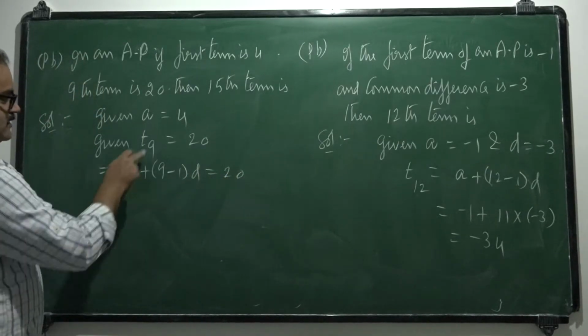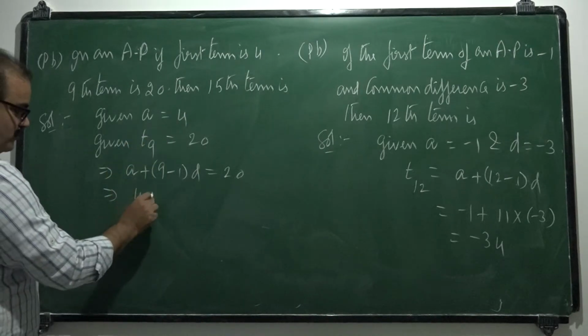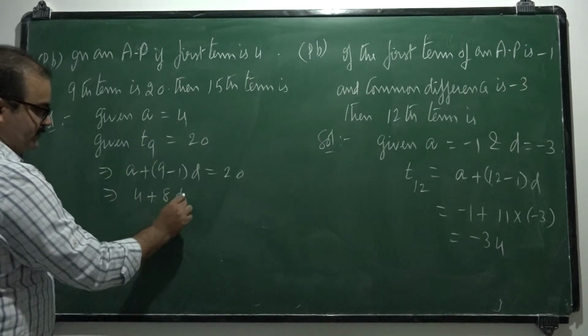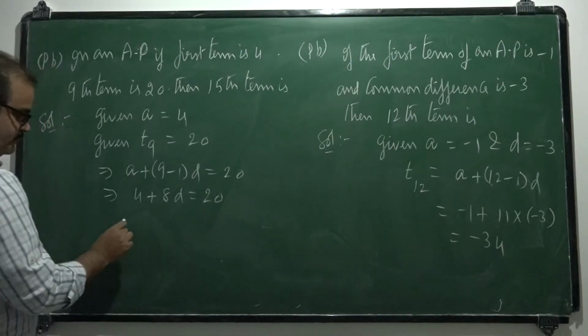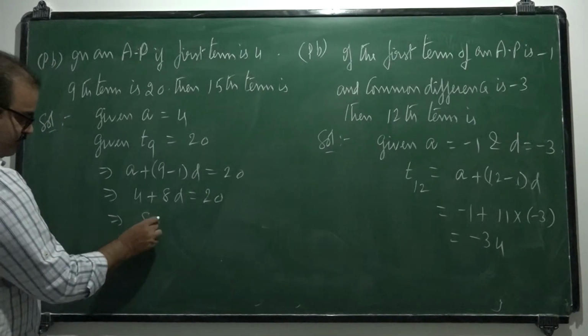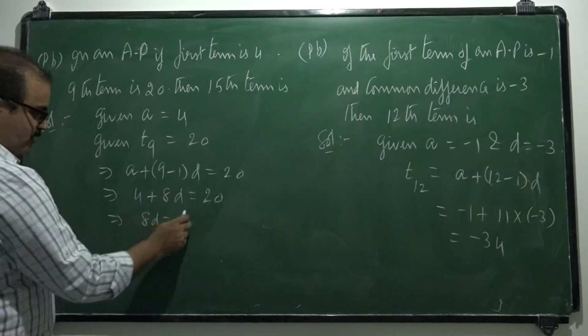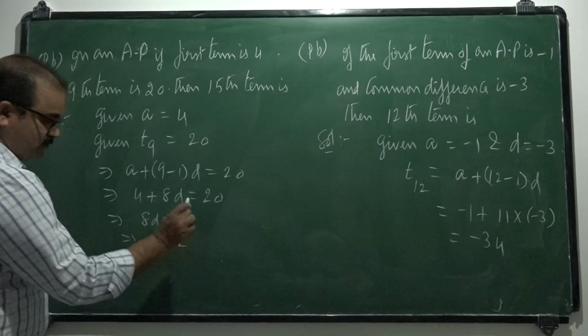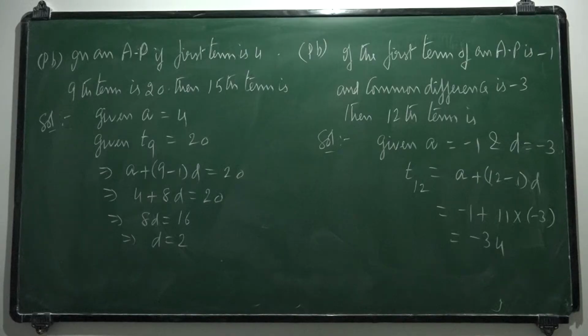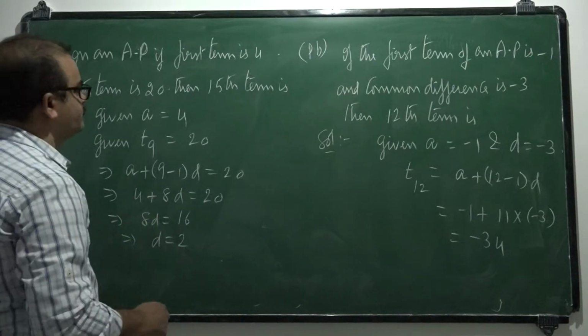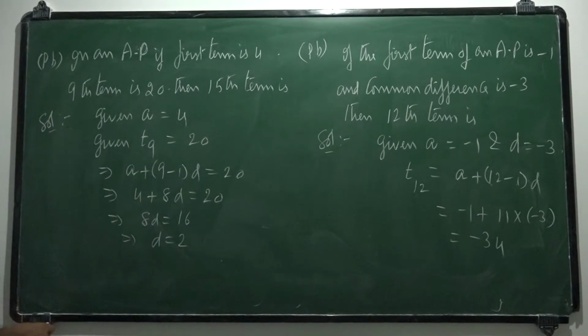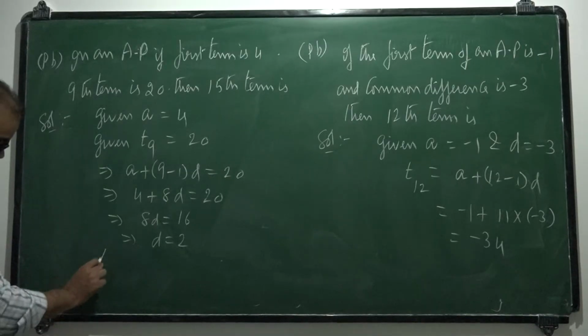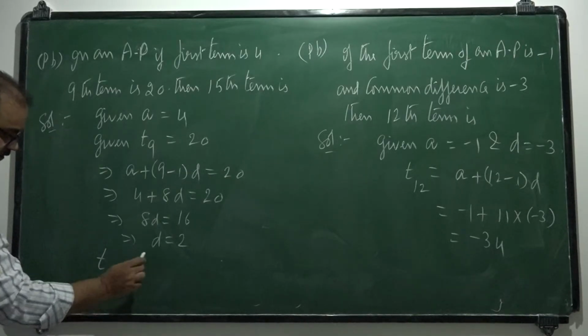But A is given. What is the A value? 4 plus 8 into D is equal to 20. 8D is equal to 20 minus 4, 16. So D is equal to 2. Common difference is 2. Now find the 15th term, T15.